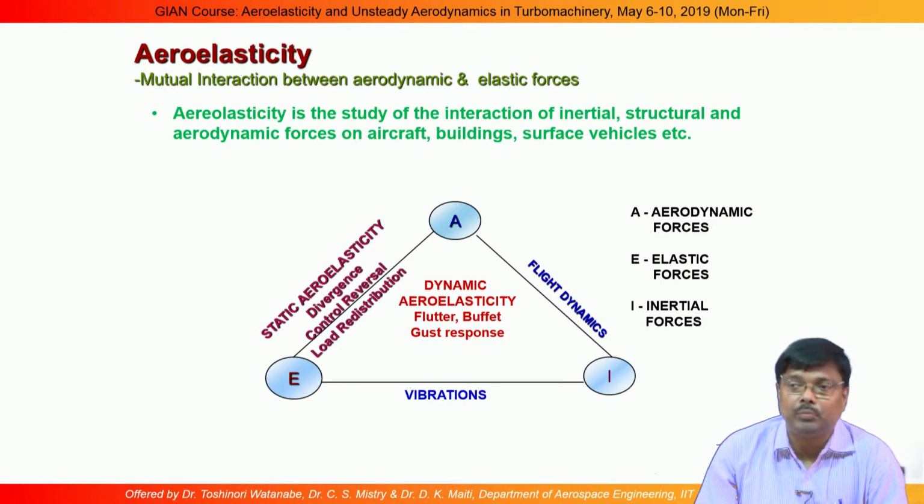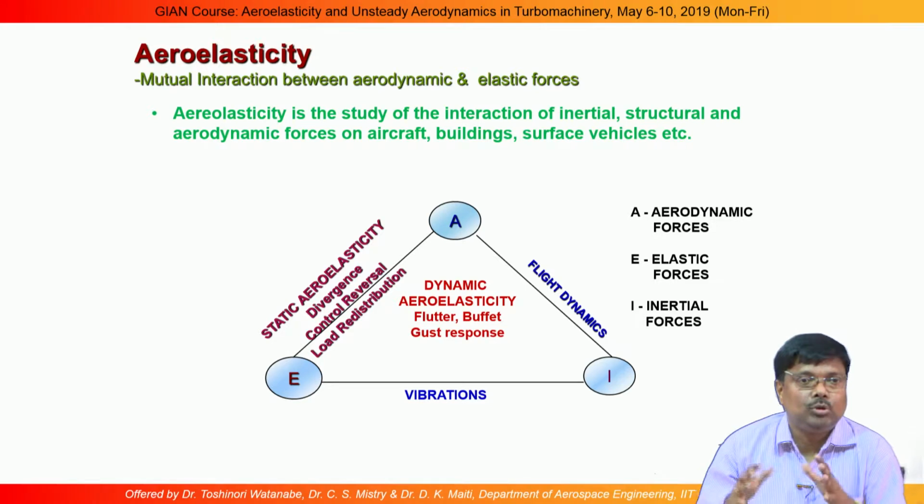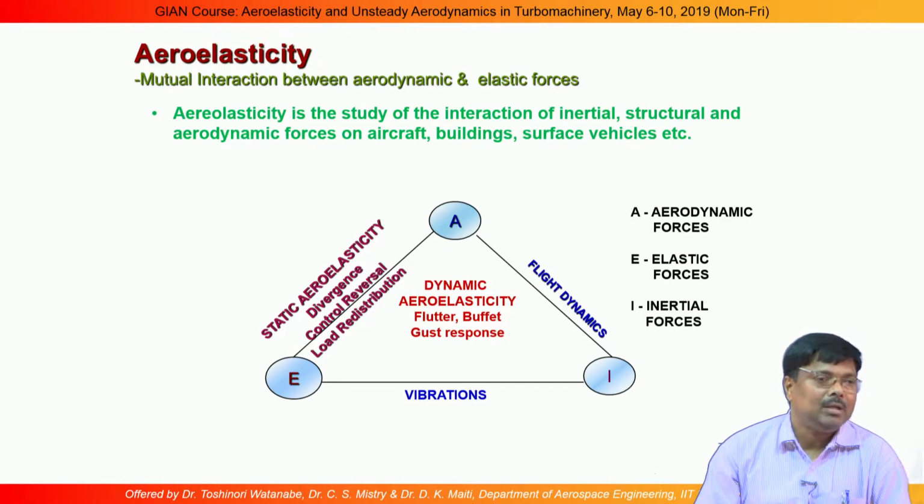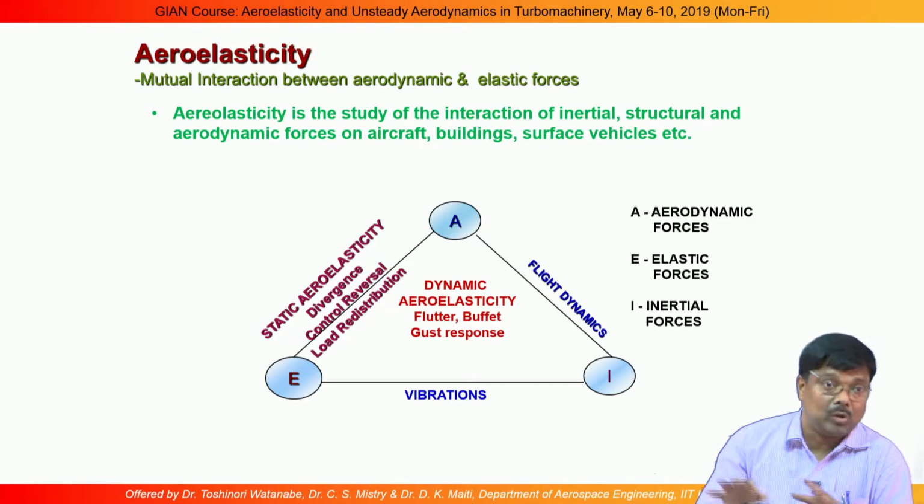We have to do the analysis, design it and clear it from the flutter and gust points of view, in addition to static load and maneuvering load. Usually it is done this way. Say the aircraft is flying at 1G level flight, we have a particular load case and deformation case, and then we separately do the gust load analysis using the modal concept.